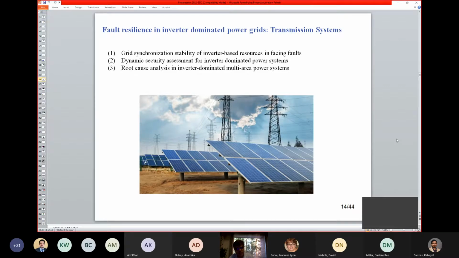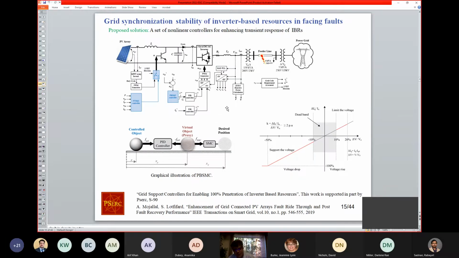For transmission lines, I have picked three, but I will go faster because we don't have that much time. One issue for transmission lines is whether we can make sure that IBR, here a PV system, and the next slide is fuel cells, but in general inverter-based resources, can tolerate large disturbances in the grid. That is the concept of fault ride-through capability.